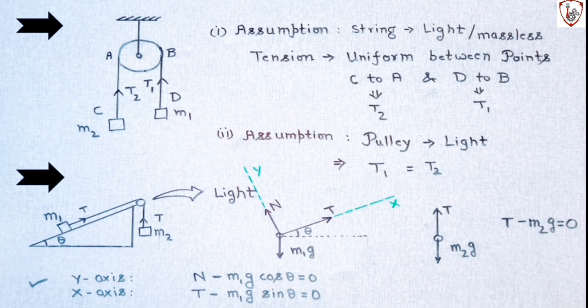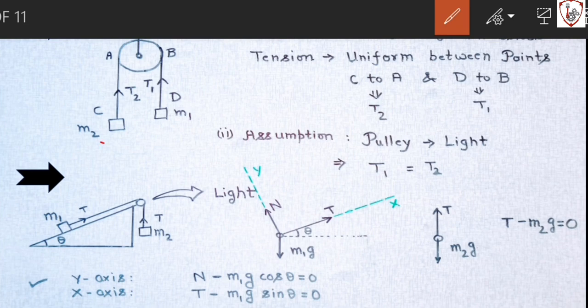Now there are certain assumptions here in this case. As you can see here, this is your pulley, a big pulley. First of all, there are two blocks hanging around it, M1 and M2, with one single string. Assumption one is that the string does not have any mass, as we have assumed already in the previous slide. The string is massless.